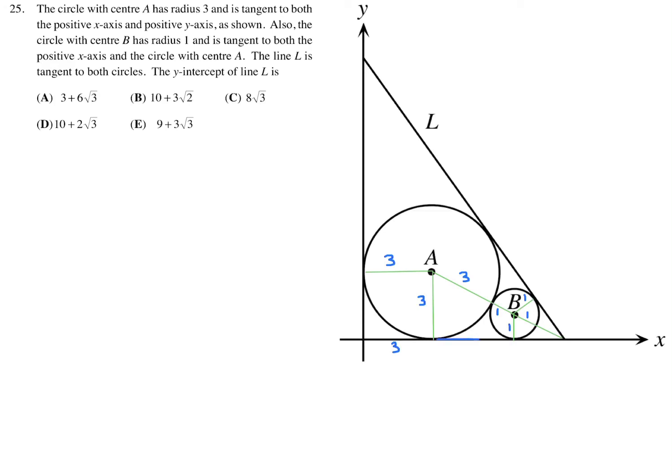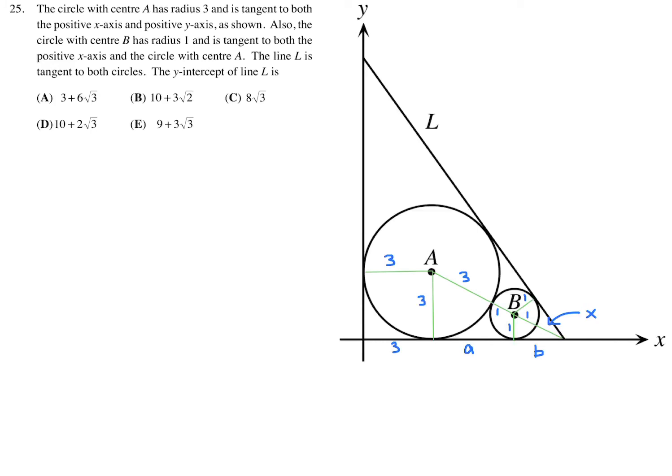Now this distance here we don't know, so I'll call it a. And this distance here similarly I don't know, so I'll call that b. And there's one more distance I don't know, this little guy right there. So I'll call that x. I'll label x right there. Okay?